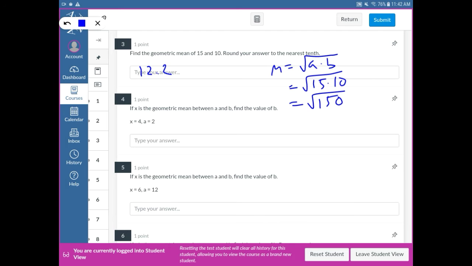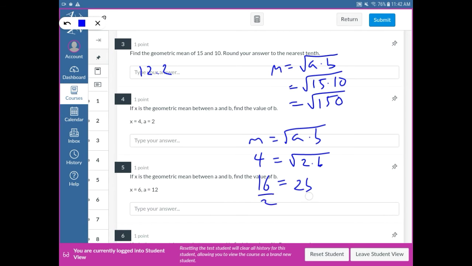So for 4 and 5, you're given the geometric mean and you have to find one of the numbers. So you just put that number here, then 2 times b. You square both sides, 16 equals, no, erase that. 2b is what should go here.